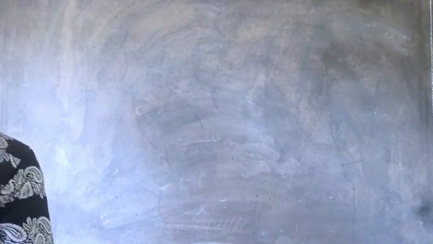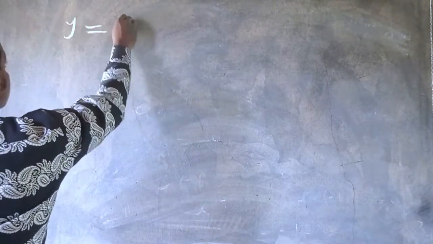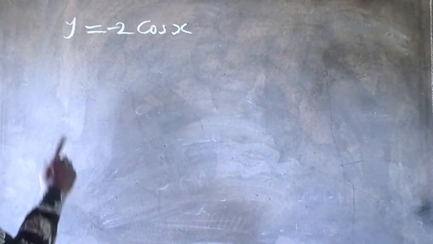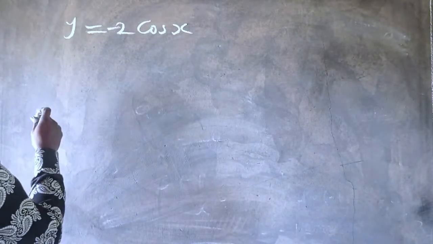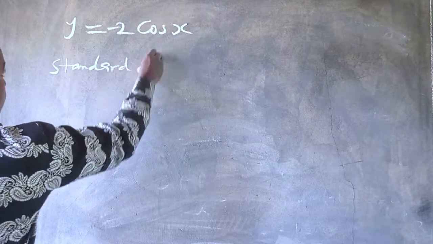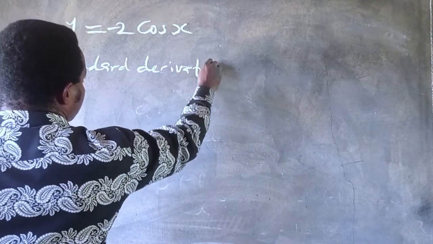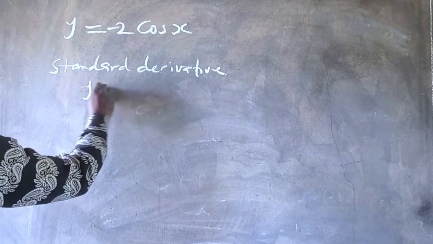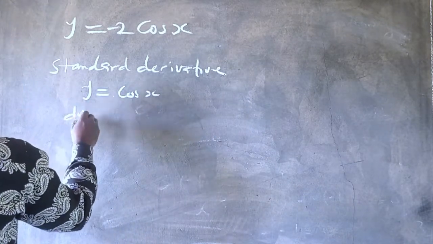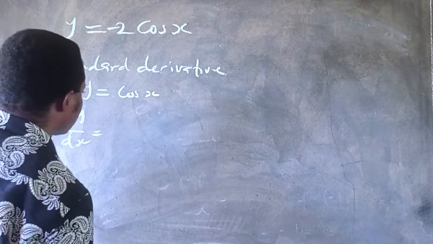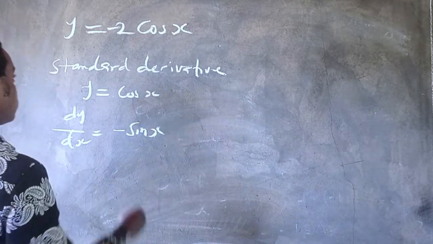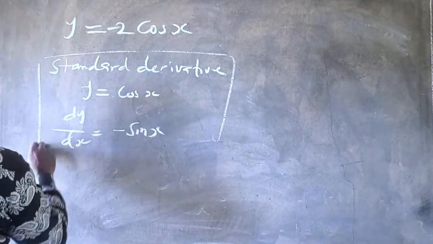Now, some of them can be slightly different. Look at this. We have a trigonometric function here, negative 2 cos x. But the standard derivative, like we just learned earlier, when you're having the cosine of x, simply put, the differential of the function with respect to x is going to be negative sine x. Remember? So this is the rule that applies here.